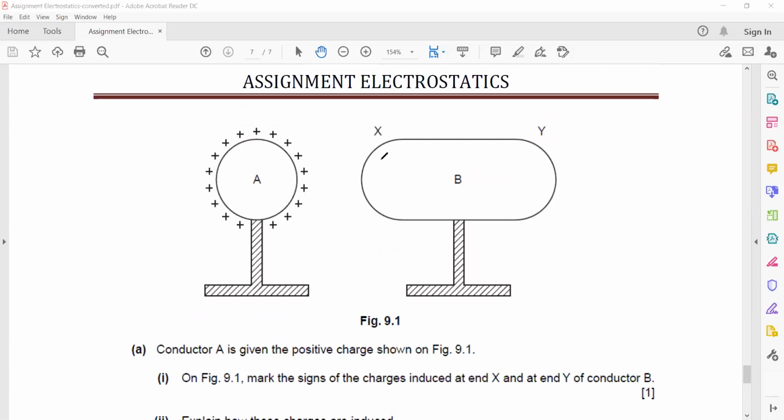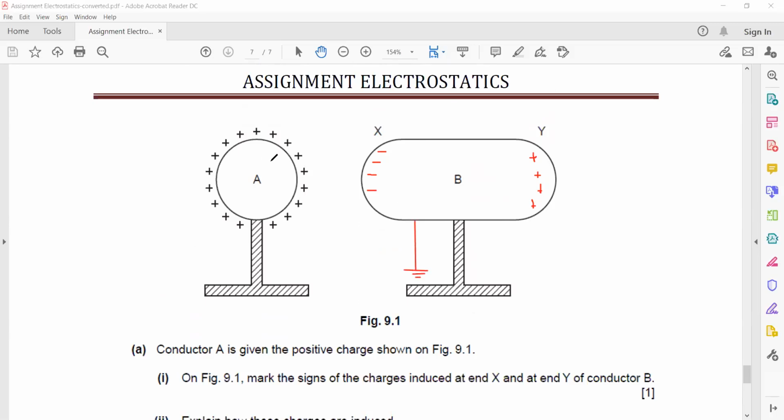So if we bring a positive charged rod, there are negative charges on one side and positive charges on the other side. At X we have negative and at Y we have positive. Now I connect an earthing wire here. What happened?